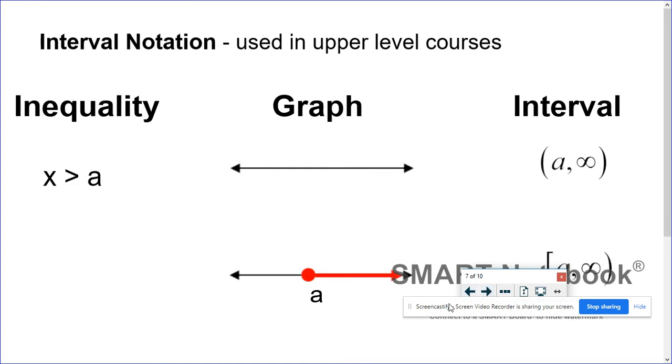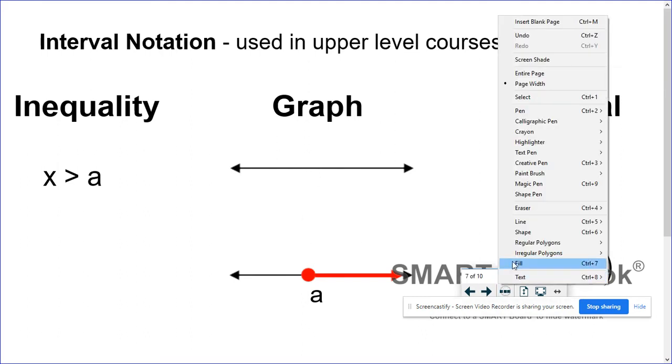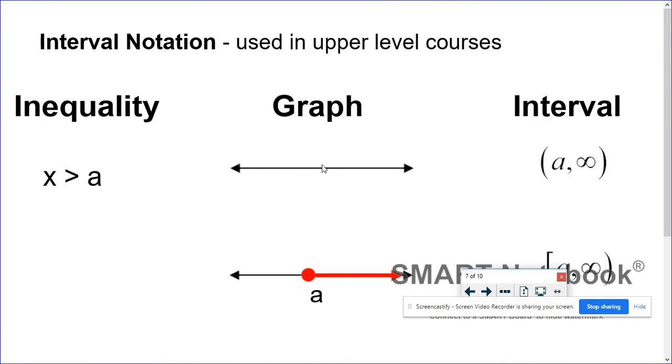We're going to also talk about interval notation. So if you have an inequality, x is greater than a, on a number line graph, that means somewhere at a there is an open circle, and then you're shading to the right.